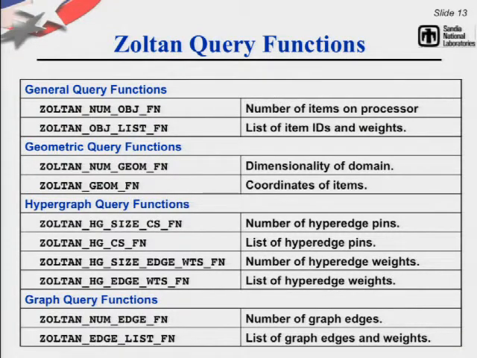On top here, these two are the general basic ones that you always need: the number of data objects, which each processor needs to implement, so these are actually a local number on each processor. And then there's what they call the object list, which just gives the list of identifiers for these objects, so Zoltan knows how to refer to them later. These two are very simple, but you always need them.